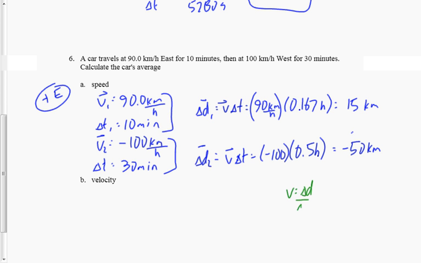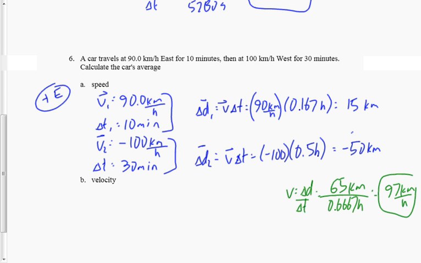The distance would be 65 kilometers, because we're not paying attention to direction here for distance. Distance is a scalar, divided by the time of, what do we got, 40 minutes, which is 0.6667 hours, which gives me a speed of 97 kilometers per hour.